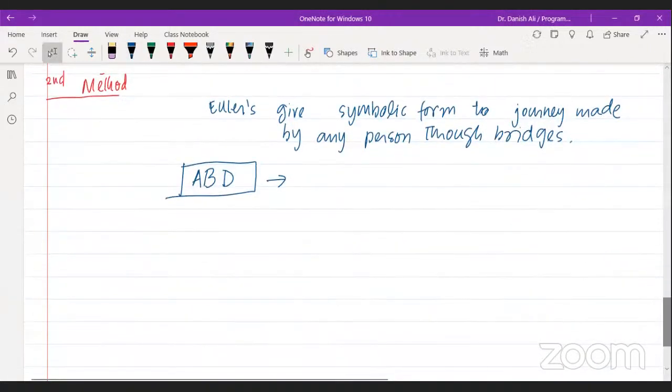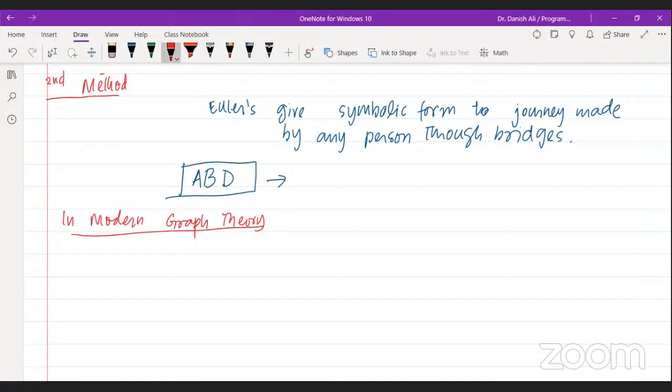So let me also carry along some modern graph theory. In modern graph theory, any such situation we call a graph.